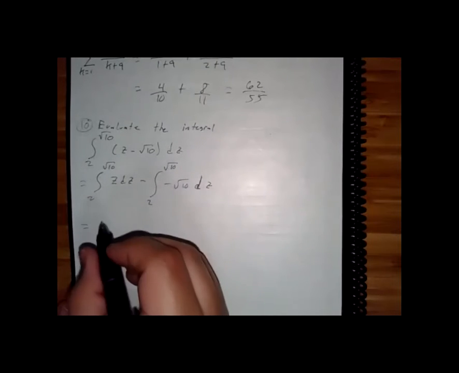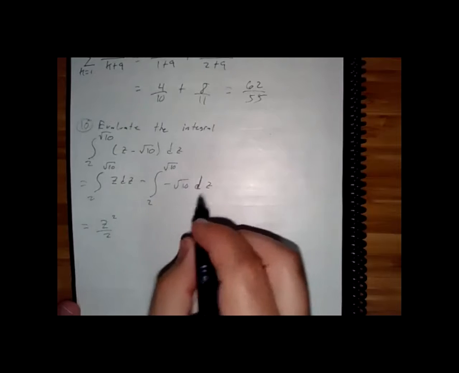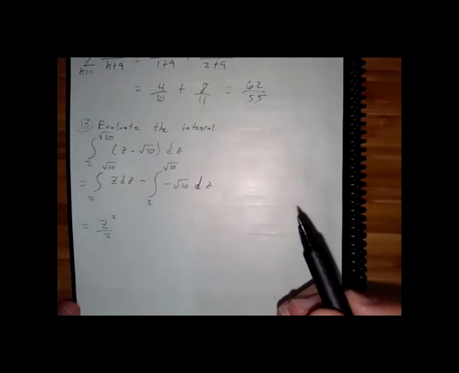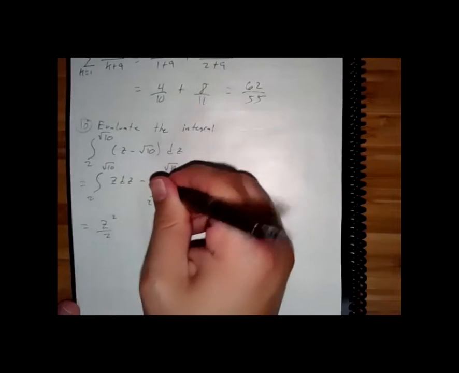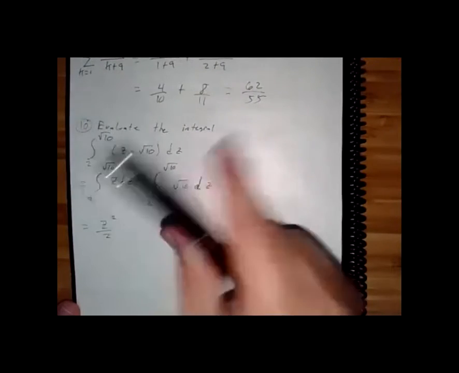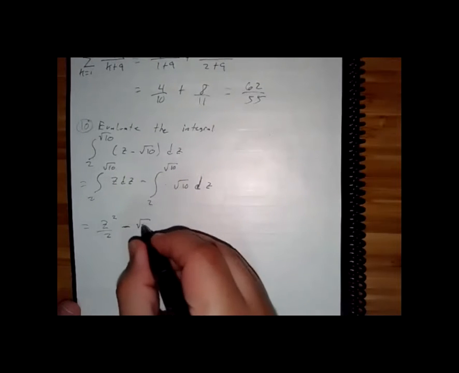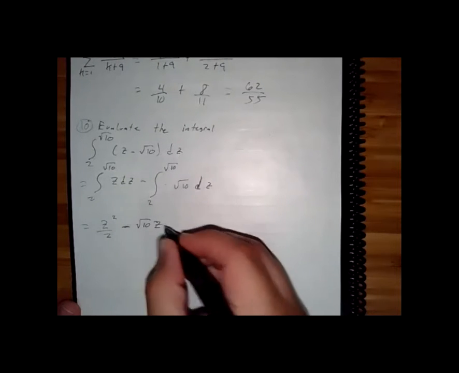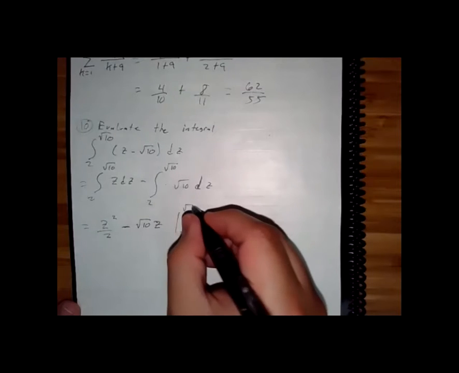So that'll simply be z squared over 2 minus, should only be one minus. That's just a number, so you're going to get negative square root 10 z from 2 to square root 10.